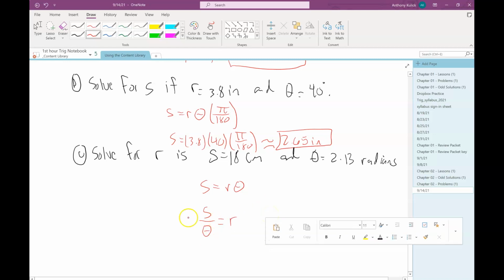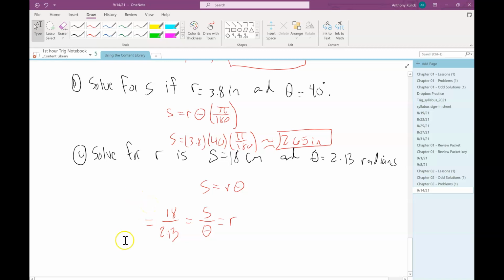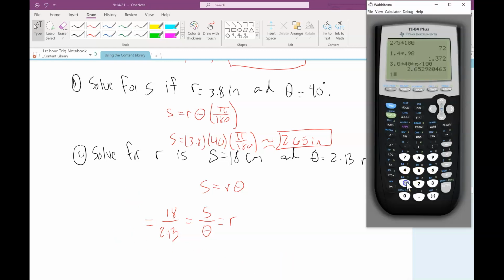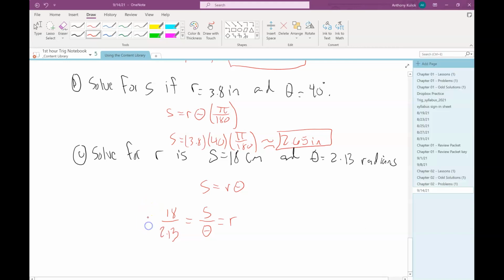So I will plug in 18 for s and 2.13 for theta, and then type that into my calculator. That comes out to be about 8.45. And since the arc length was in centimeters, the radius should be in centimeters. And that is it for section 1.